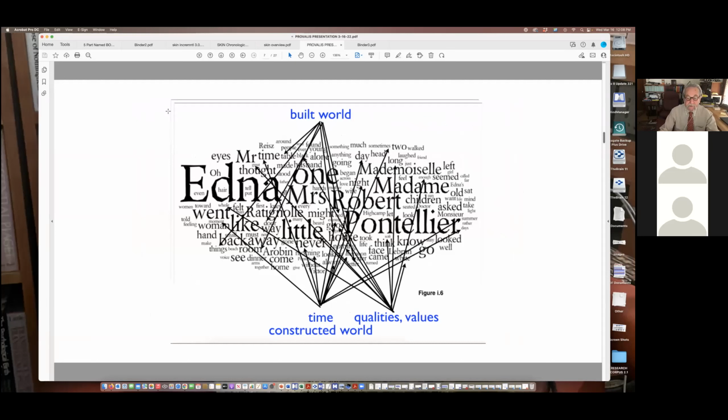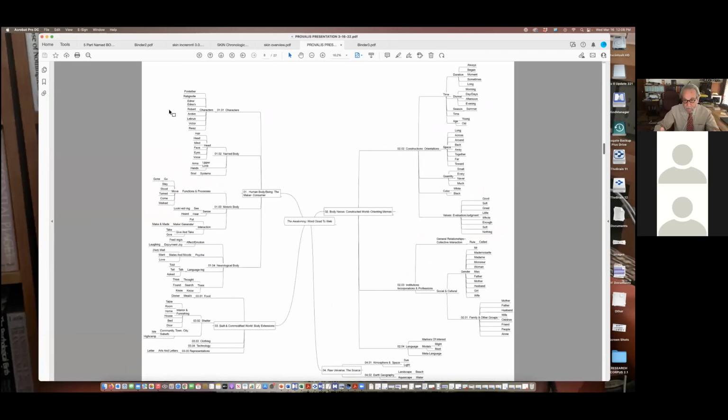And I can put this all into a roadmap showing, at the external, far branches, all the words that appeared in that word cloud and how they feed into a larger kind of construct, which I'll tell you more about in a little while.